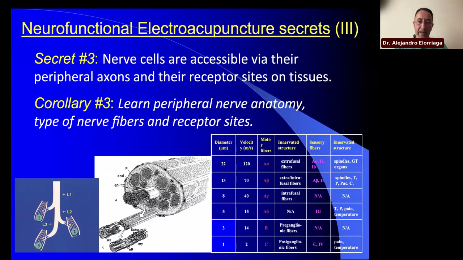Therefore, stop allocating topographic value to pain. It may hurt a lot in this particular point, but that doesn't mean that there is anything there. And I know that's intellectually a challenge, but empirical evidence will quickly get you there.